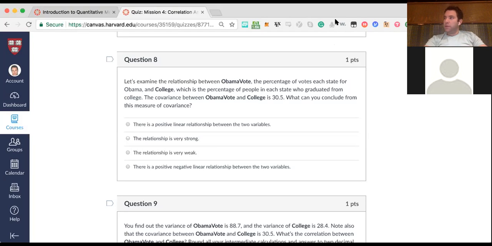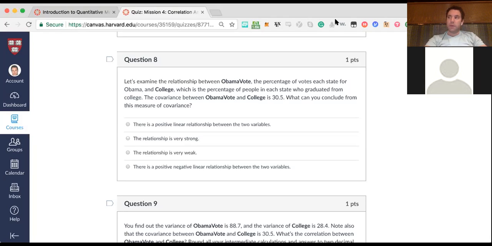Does covariance tell us about the strength of a relationship, or does it tell us about the direction, or does it tell us both? And how does that differ from correlation? So covariance only tells us about the direction of a relationship.